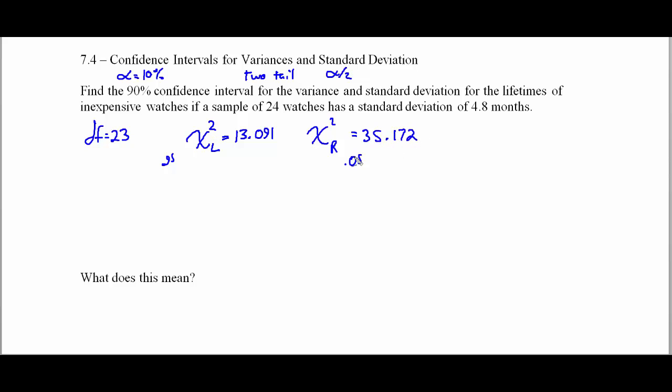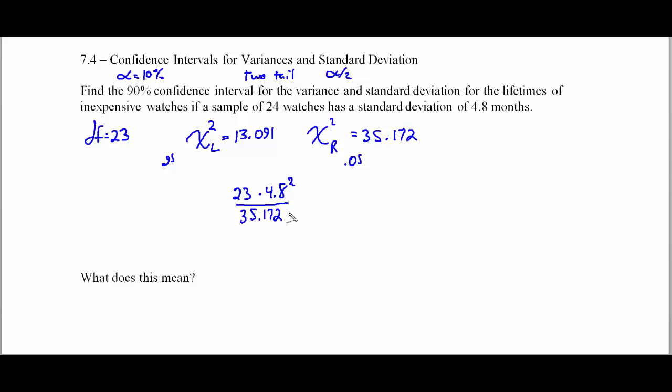Now, the formula that we're going to use is to take our degrees of freedom, multiply that by our standard deviation, which was given to us in the problem, squared, divided by chi-squared right.